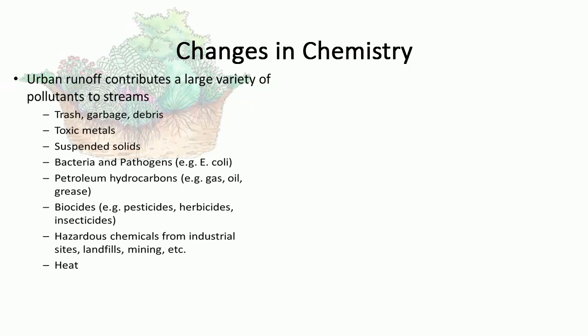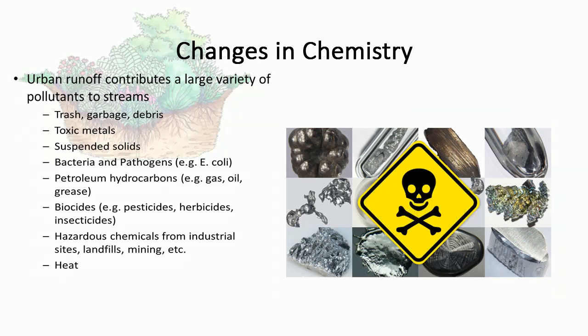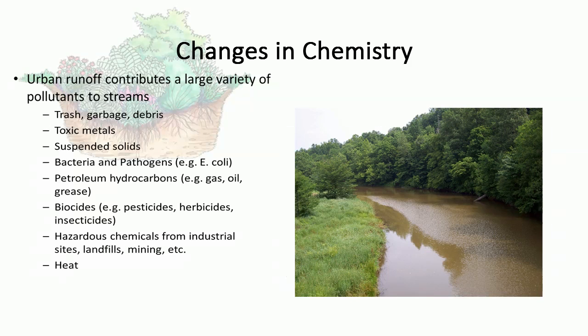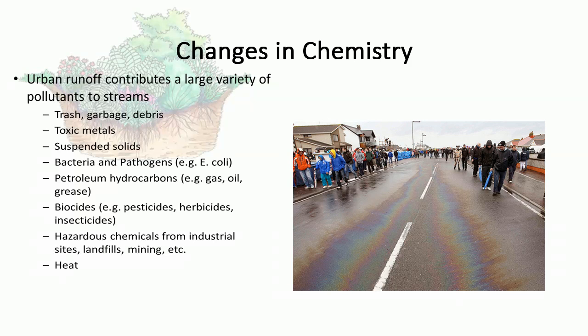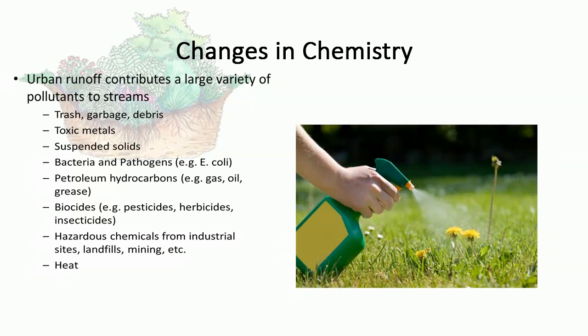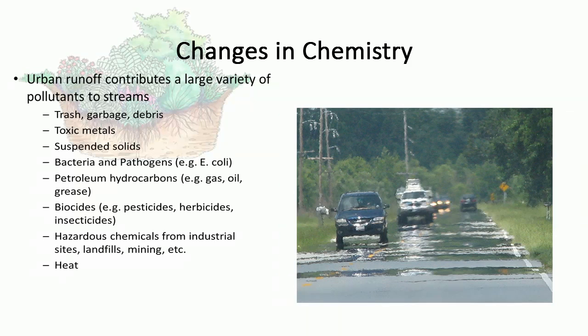Some of the more common and potentially detrimental pollutants found in urban runoff may include trash, garbage, and debris, toxic metals like cadmium and lead that do not degrade, suspended solids picked up from roadways and ground surface erosion, pathogenic bacteria and protozoa like E. coli, oil and gasoline on pavement surfaces, biocides applied to lawns and gardens, hazardous chemicals found at industrial sites, and heat carried away from surfaces.